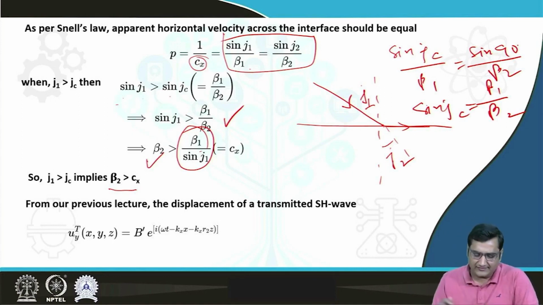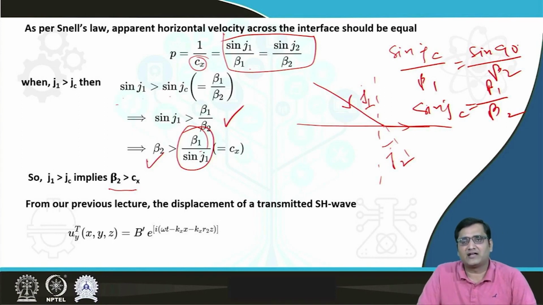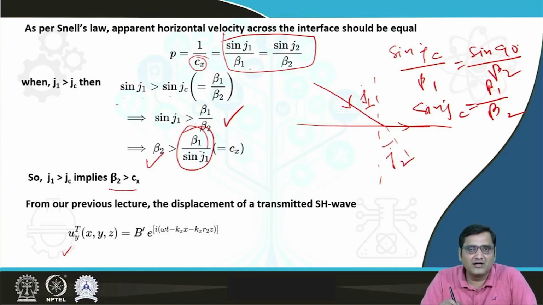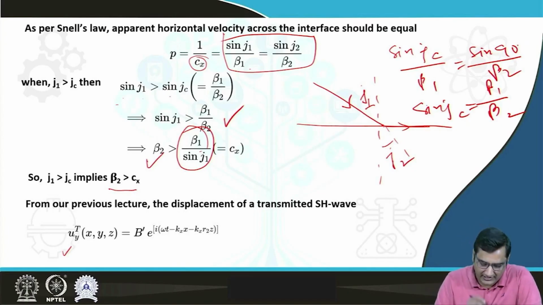So now let's see the displacement of the transmitted shear wave from the previous lecture. This is the displacement of the SH wave. You can see that when the SH wave is traveling in the XZ plane, it will have its vibration in the Y direction. So that is what is written. Uy of the transmitted wave, this is for the transmitted wave.